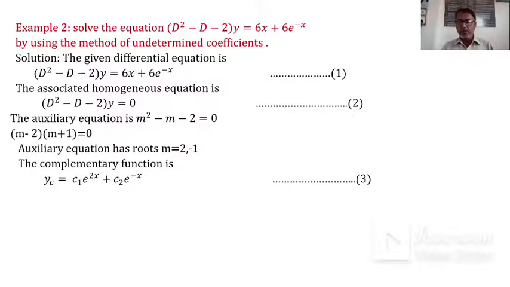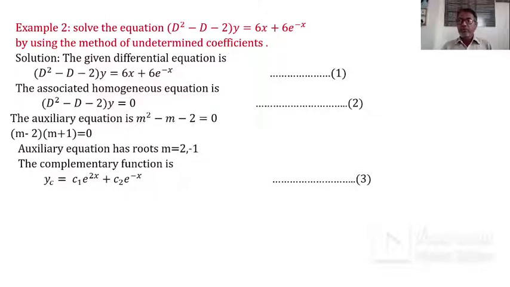This is the first. Now from the second term, 6 e to the power minus x, again the roots are real since there is no trigonometric term sine or cos, and the root is non-repeated. There is no term of the type x to the power m, and this is e to the power mx with m equal to minus 1, meaning minus 1 is the root.